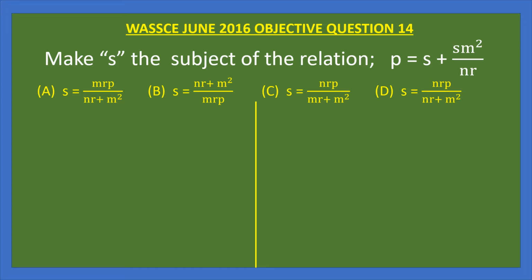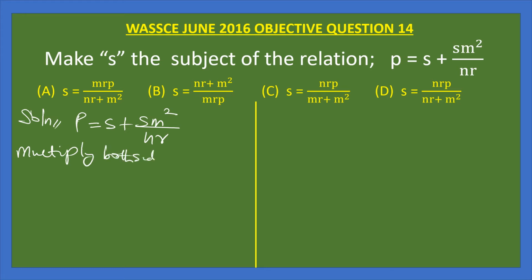So let's proceed. Solution. We have that P is equal to S plus SM squared over NR. We multiply both sides by NR. We now have P times NR as equal to S times NR plus SM squared.